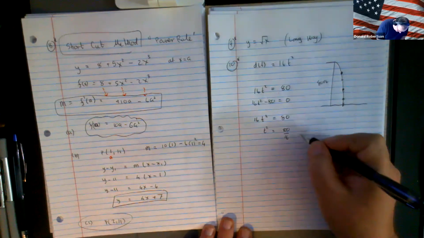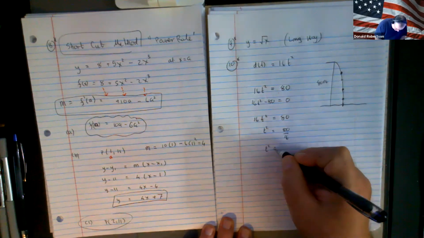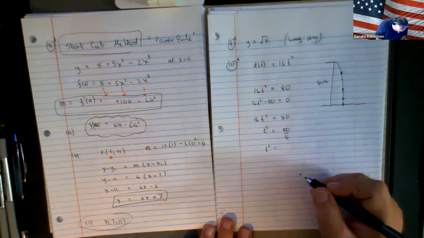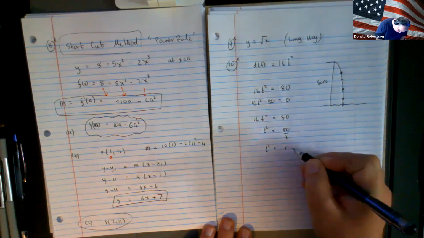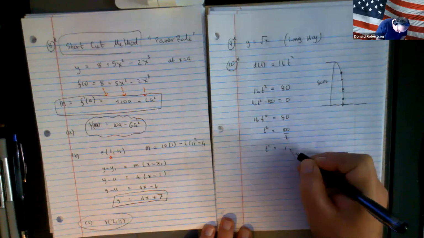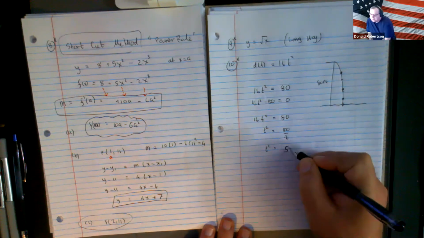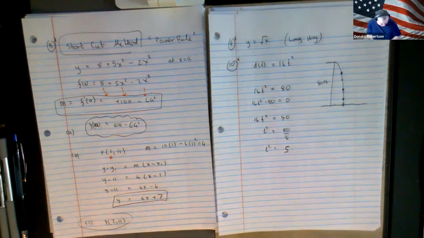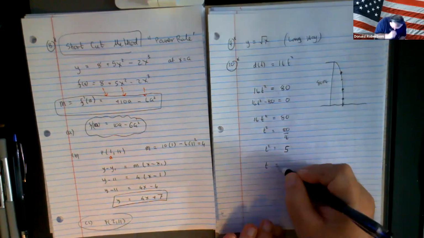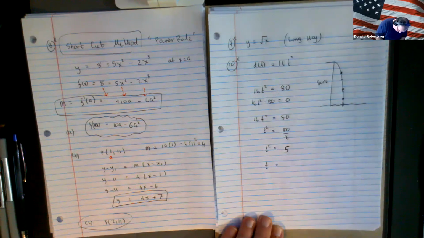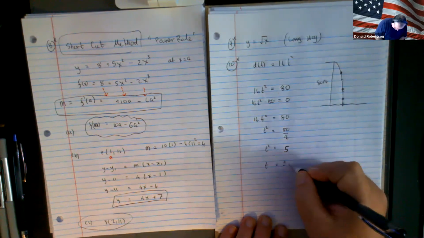And probably, although it's not algebra, I should try and simplify that. Would you agree? So divide the top by 8. Wow, we got lucky. 5. Okay. Now, technically speaking, when you take the square root of both sides, you get plus or minus square root of 5.